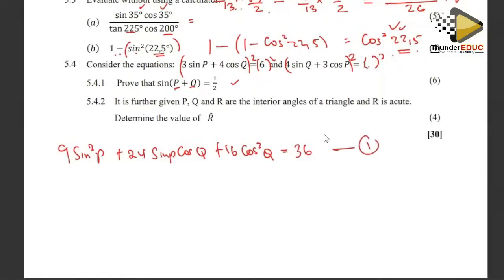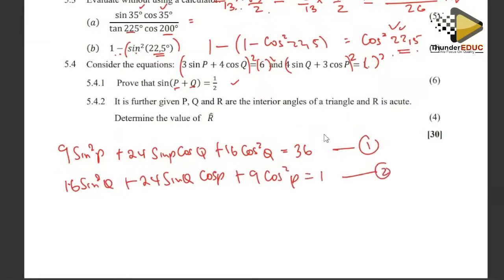Let me do the same there. I'm going to get 16 sine squared q plus 24 sine q cos p plus 9 cos squared p is equal to 1. That is equation number 2.